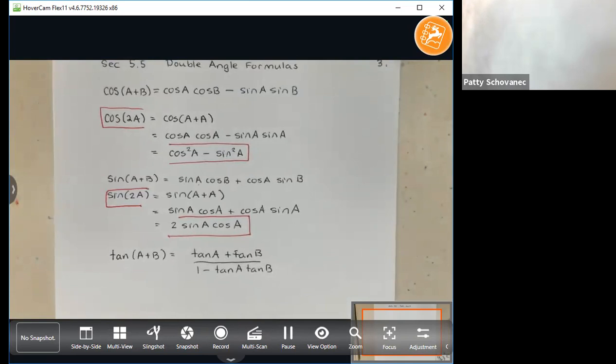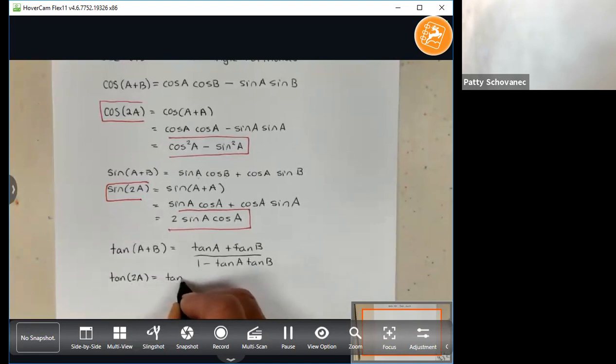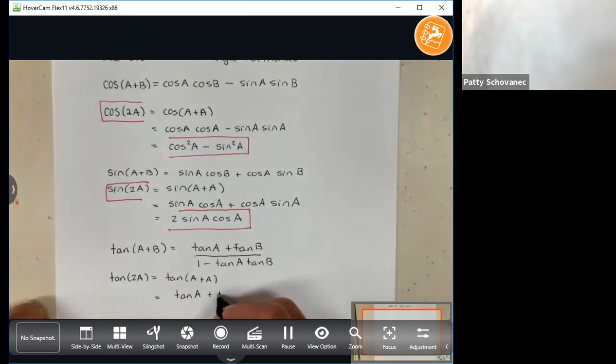Using that, the tangent of 2 times a is just the tangent of a plus a. So replace each b with an a. Then I have the tangent of a plus the tangent of a over 1 minus the tangent of a times the tangent of a.